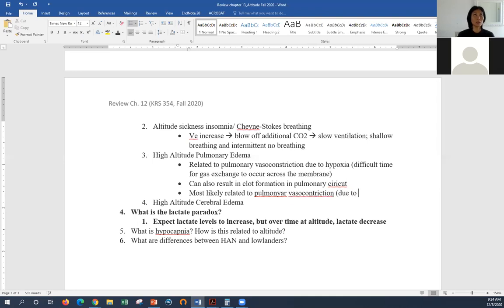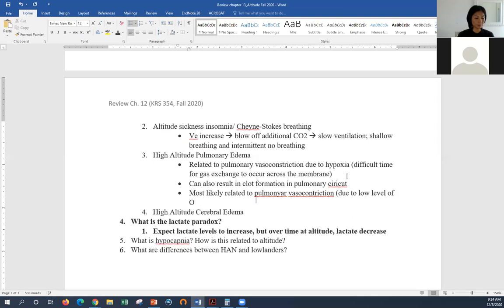Right. Due to the low levels of oxygen in the atmosphere, which translates to low oxygen in the alveolar air.